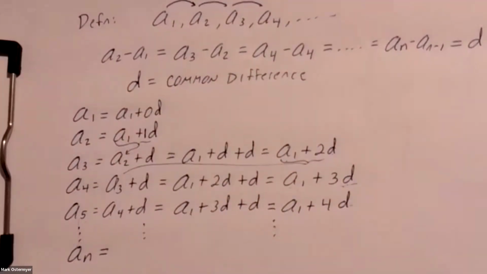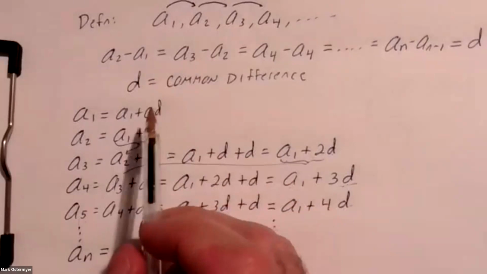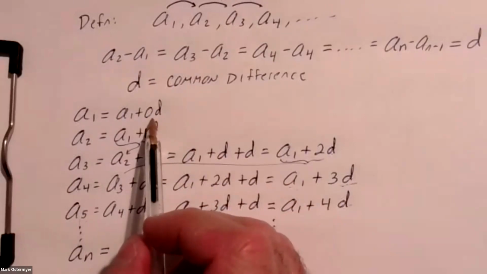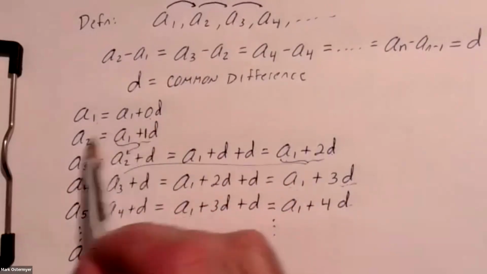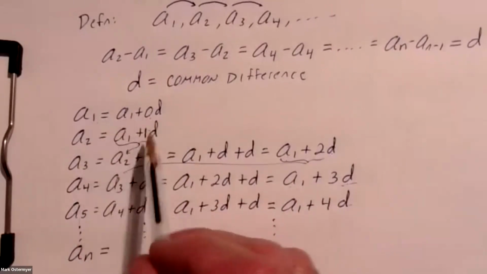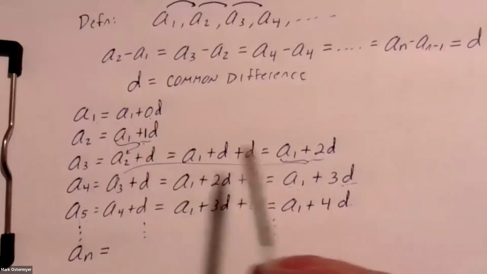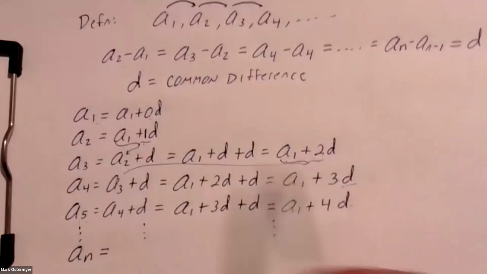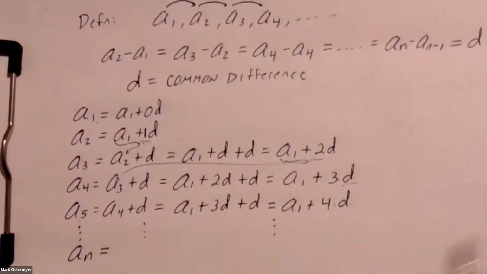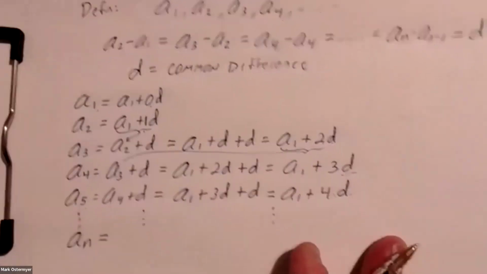So can anybody tell me how the number of common differences we add to our first term relates to the term index? How does 0 relate to 1, 1 to 2, 2 to 3, 3 to 4, 4 to 5? So what's going on here? Anybody see a pattern?